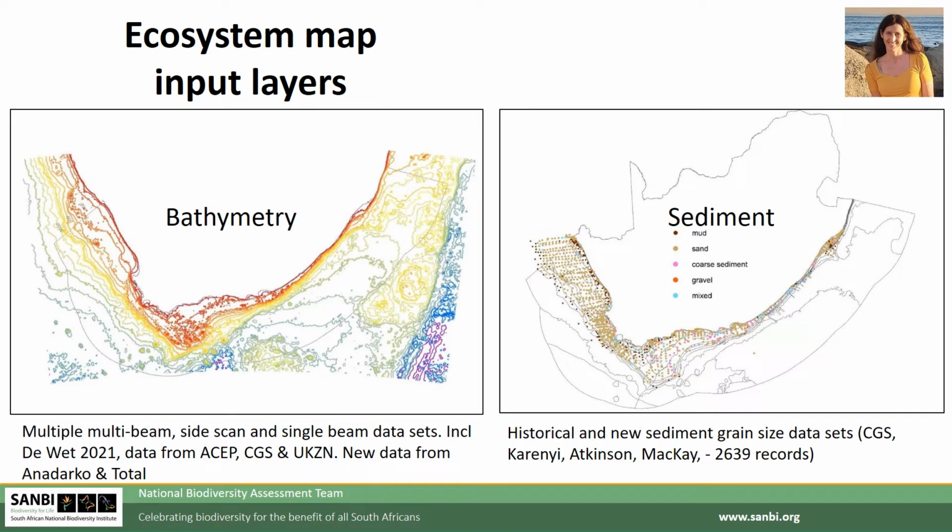Here you can see some examples of the type of data that has fed into the National Marine Ecosystem Map for South Africa. In terms of bathymetry, we actually have some really large data sets that were provided by colleagues at the Department of Environment, Forestry and Fisheries. We have data sets from our academic partners and particularly colleagues working with the African Coelacanth Ecosystem Program, colleagues at the University of KwaZulu-Natal and the Council for Geoscience, and even data that has been provided by offshore industries.